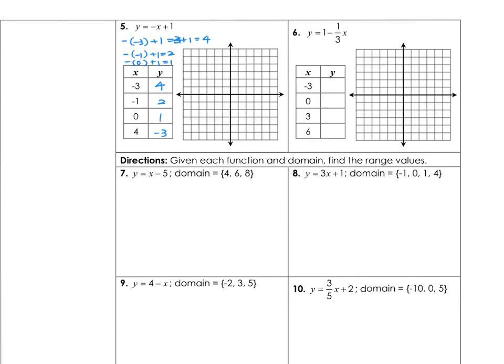So if I were to graph this, I have -3, 1, 2, 3, and 4, 1, 2, 3, 4, right here. And I have -1 here and +2 here. I have 0 and +1. You see the relations, how they're connected with each other. I have +1, 2, 3, 4 here, and then 1, 2, 3 right here.